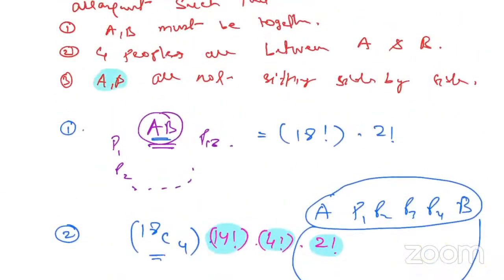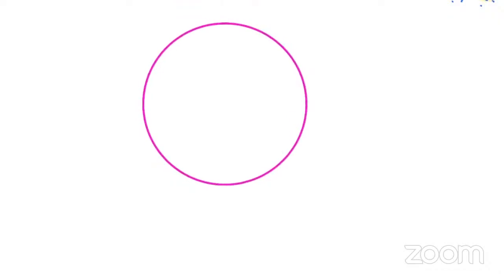And A and B are not sitting side by side. So either we can go by, like in this circular arrangement, there are P1, P2, P3, P4, P5 up to P18, right? In any circular arrangement, if 18 people are sitting there, so first they will go with factorial 17 ways. 18 people have to sit in a circle in factorial 17 ways.